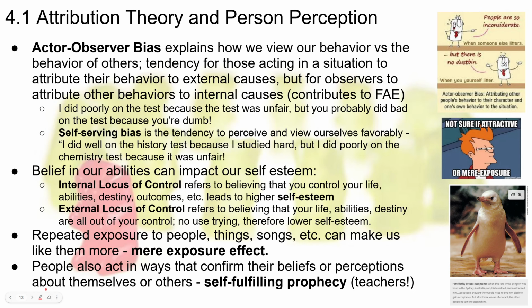Belief in what we can or can't do is related to the topic of locus of control. I might have spoken about this before. You, of course, know what self-esteem is, but locus of control is a part of our personality, and it helps us develop long-term belief in our ability to succeed, depending on what type of locus of control we develop.